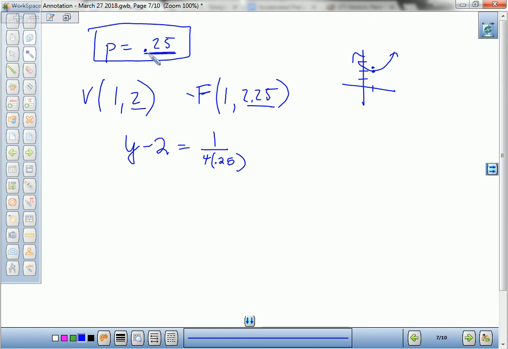That's where the p comes from. And then x minus my x, squared. So it's really just y minus 2 equals... 1 divided by 1 is just 1, so you don't have to write the 1 there. That could be your answer.